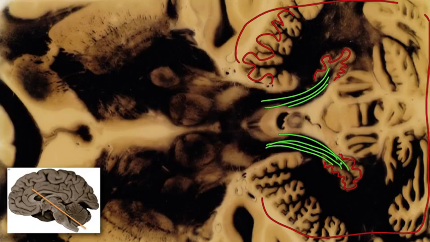And what these axons do is they stream out of the dentate nucleus, they run through that peduncle into the pons, they cross the midline, and then they synapse in targets in the thalamus and in the brainstem. So more on that when we talk about the outputs of the deep cerebellar nuclei.